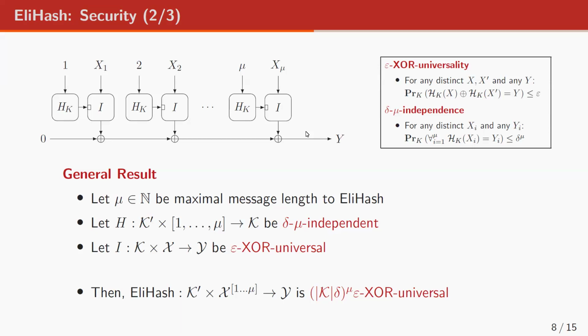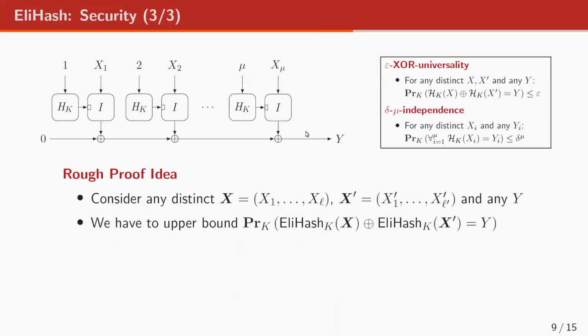Anyway, I would like to show a little bit the proof idea, just a very high-level idea. We want to prove XOR universality of Eli hash, so we consider any two different strings, x and x prime, of potentially different length, and any output value y. Our goal is to upper bound the probability that if you take a random key, Eli hash of x plus Eli hash of x prime equals y.